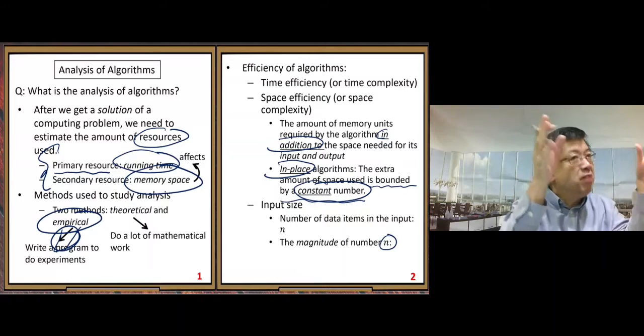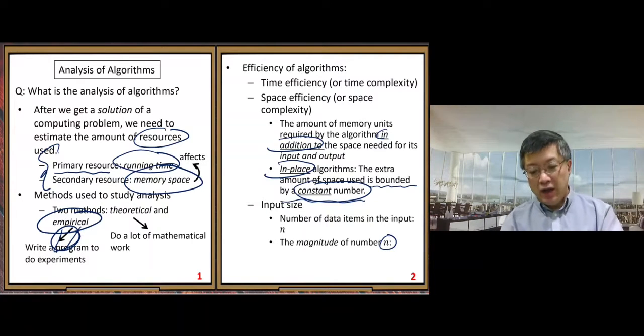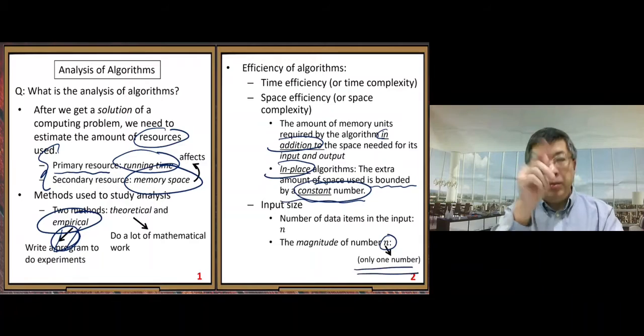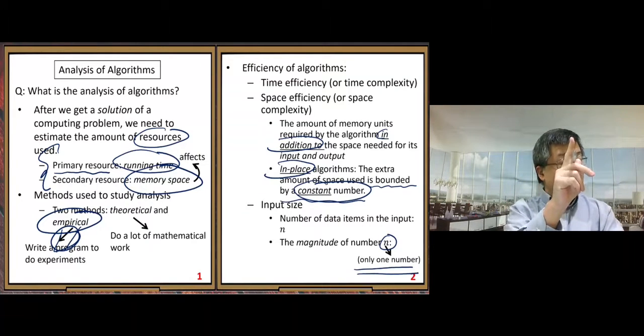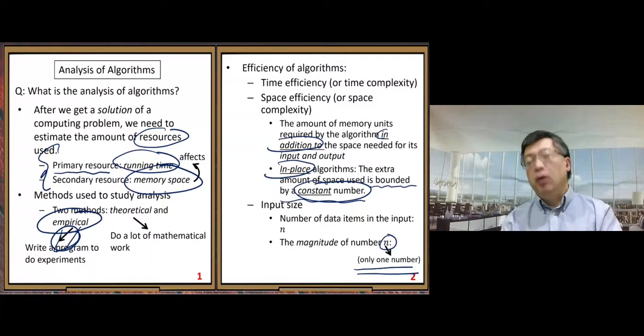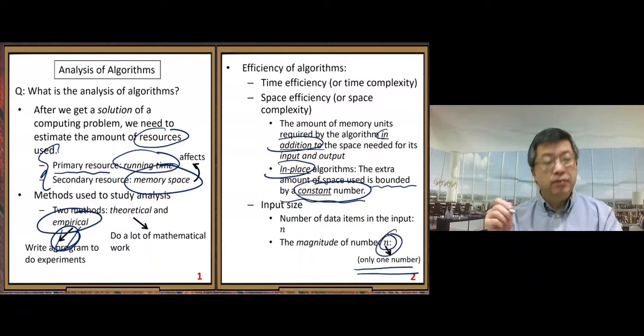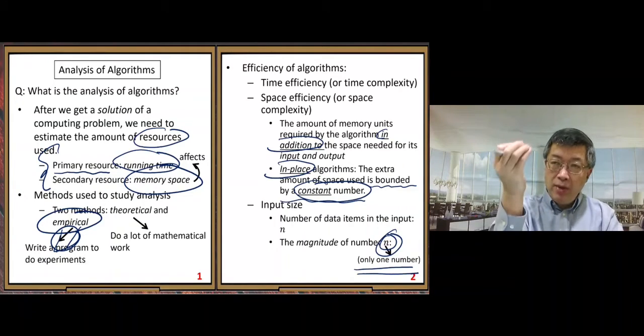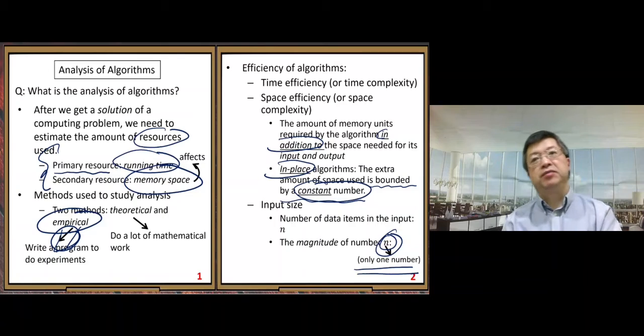In this situation, we only need to work on one number. Although it's one number, when this value is large, the problem could be very hard. So we use this number as the input size.